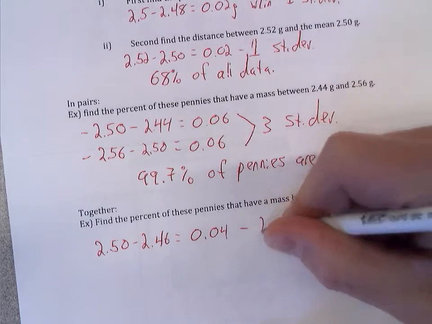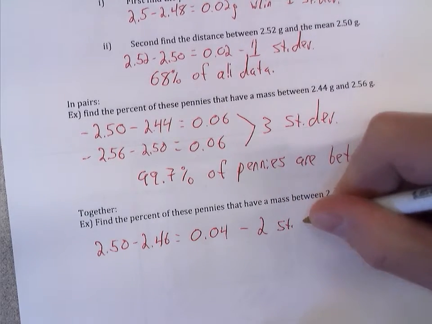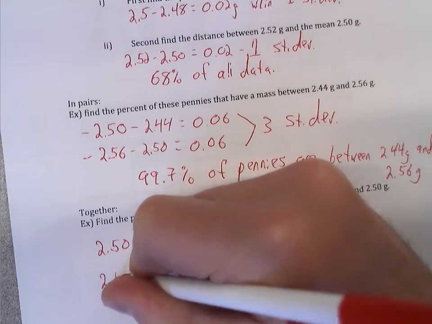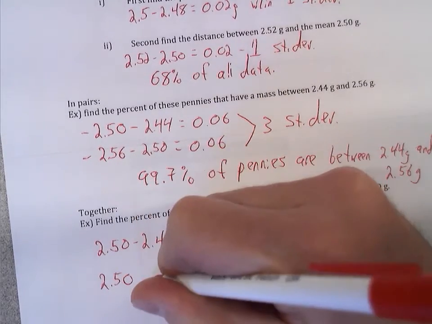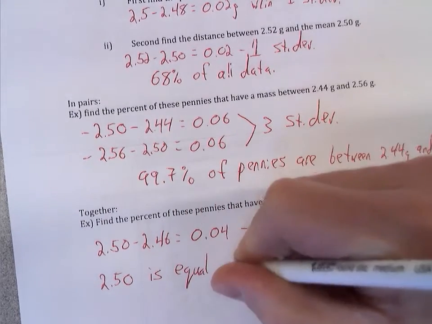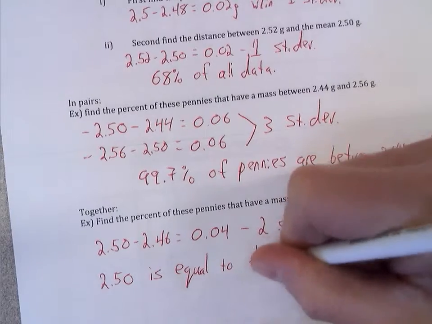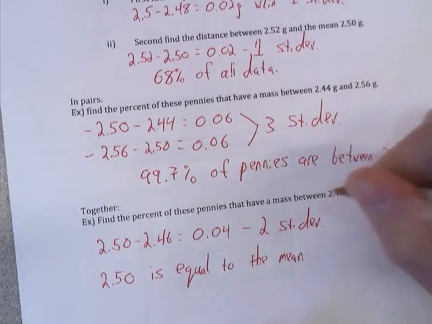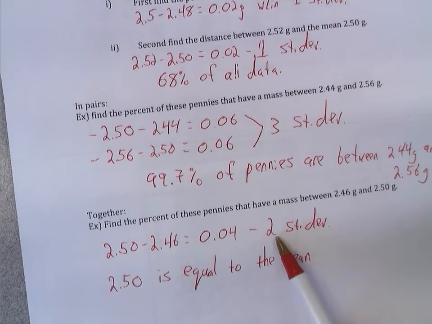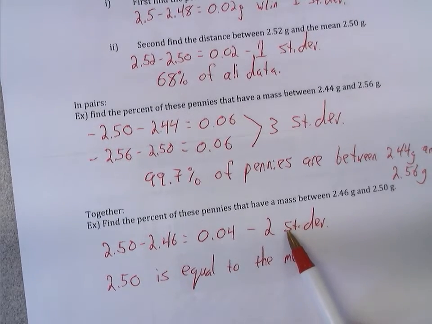So that's 2 standard deviations away. And then 2.50 is equal to the mean. So now, they're only between these, so that it's 2 standard deviations.